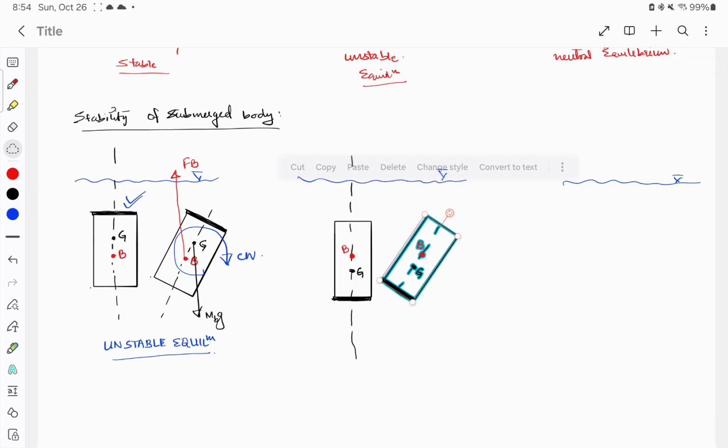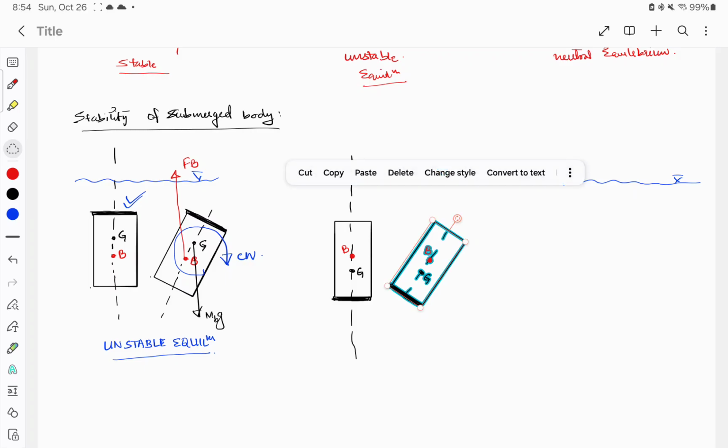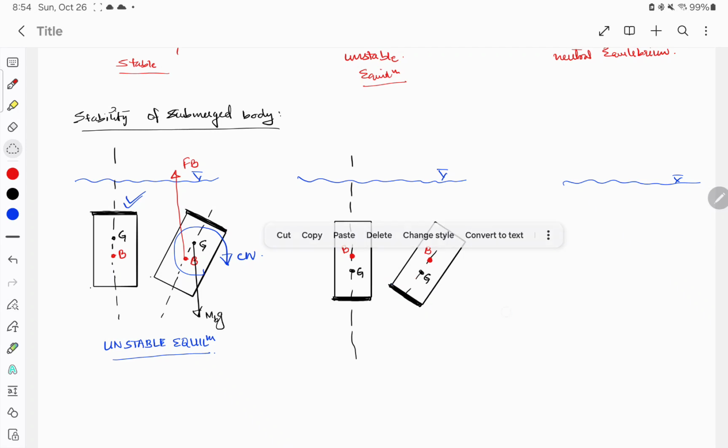So we have given a disturbance to the body. Again we'll draw the forces acting on the body. From the center of gravity mg is acting, and from the buoyant center the force of buoyancy is acting.